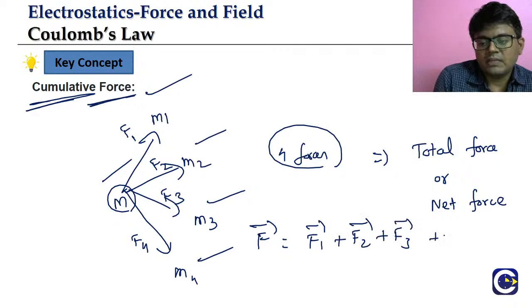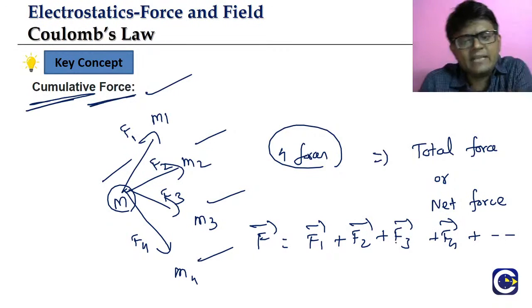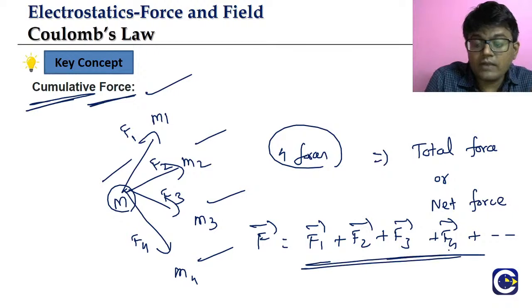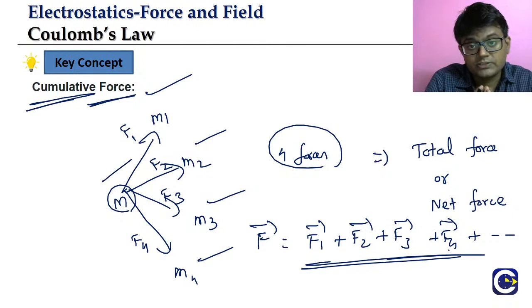That's all. If there are many masses, you have to simply keep on adding them. However many forces there are, we have to add all of them. But one thing we have to keep clearly in mind: when we are adding these forces, we are talking about addition of vectors. We have to remember that.